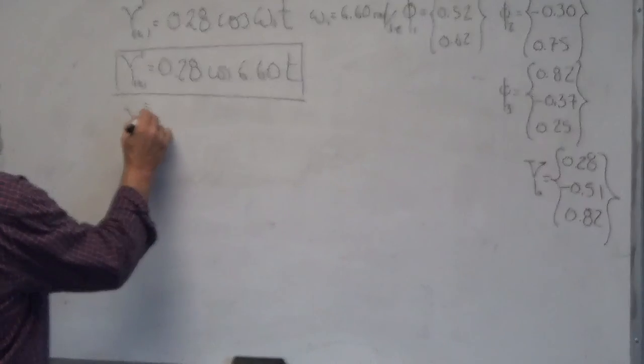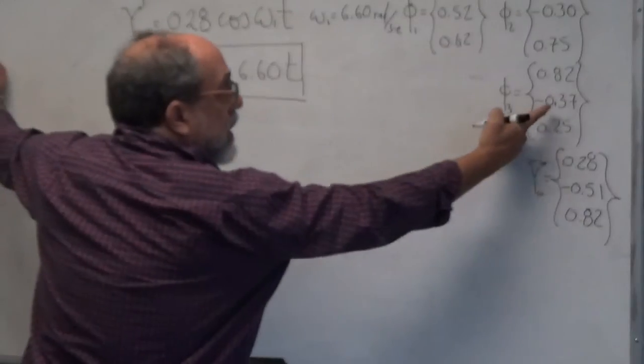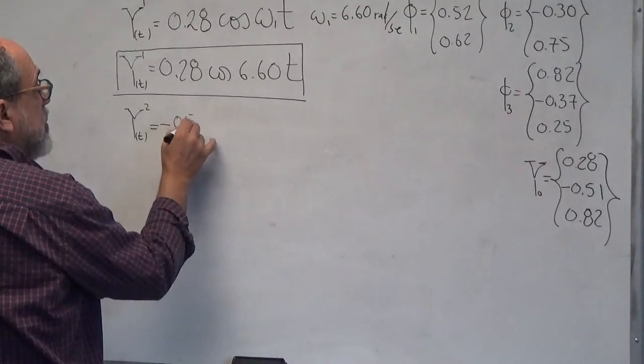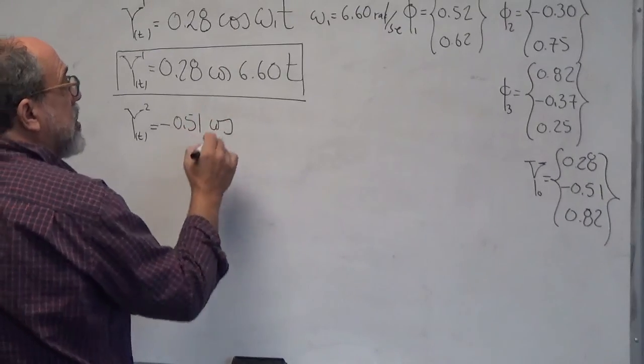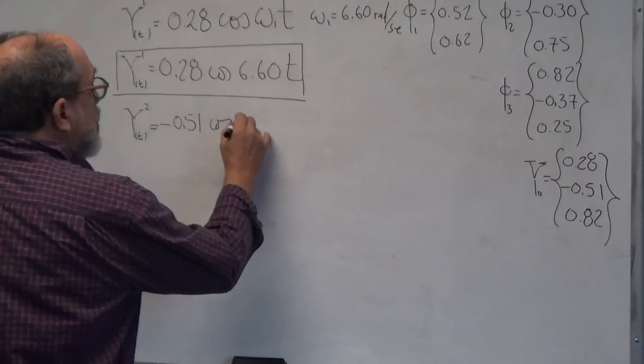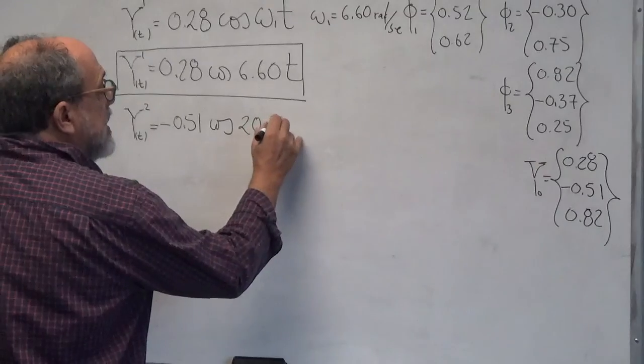So if the second mode was not damped and the third mode was not damped, then y2 of t would be minus 0.51 from obvious inspection, times the cosine of omega 2 t. And from looking at the computer here, I see that omega 2 is 20.62, so that would be 20.62 t.